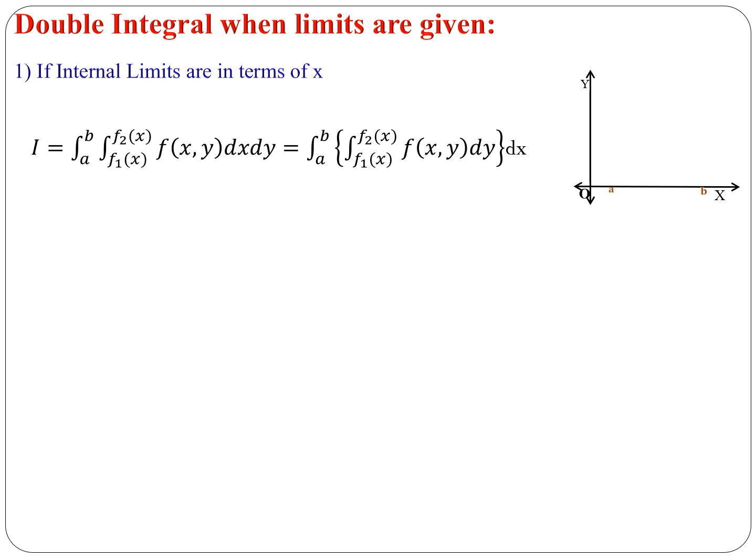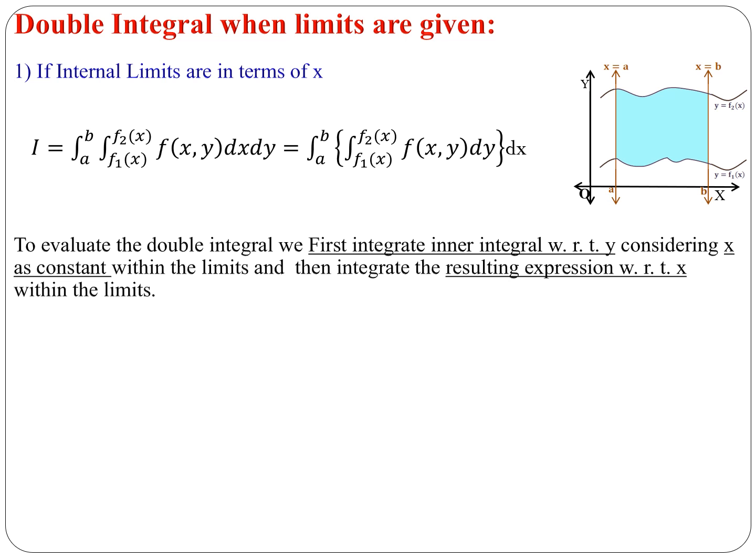Okay, what is the geometrical meaning of this integration? Your y limits are f1(x) and f2(x). So this is your graph, y equals f1(x), then y equals f2(x). The y upper limit is f2(x), the lower limit of x is x equals a, and the upper limit of x is x equals b. This shaded area denotes the region where we are integrating our function f of xy.